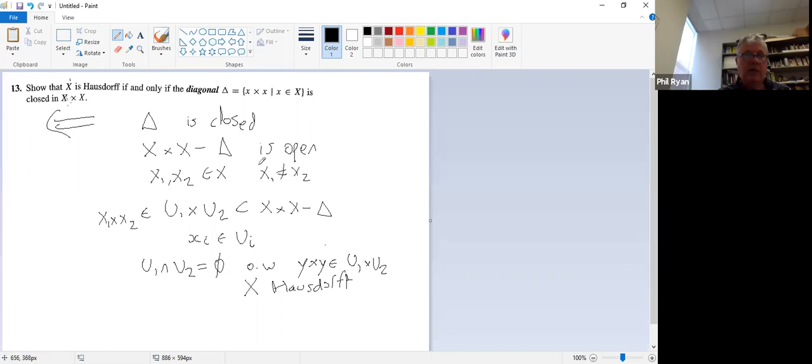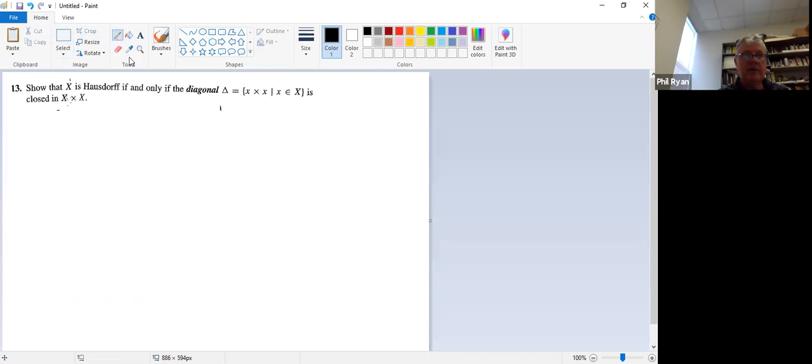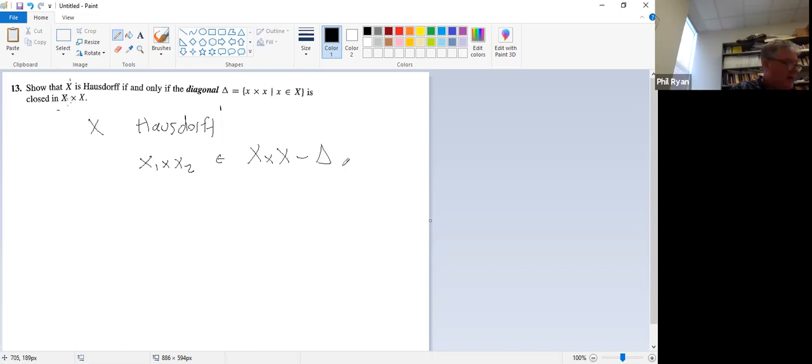Okay, what about going the other way? Let's say we're Hausdorff, so let's say x is Hausdorff. Is the diagonal closed? So we have x1, x2. Let's say that's in the complement of the diagonal.